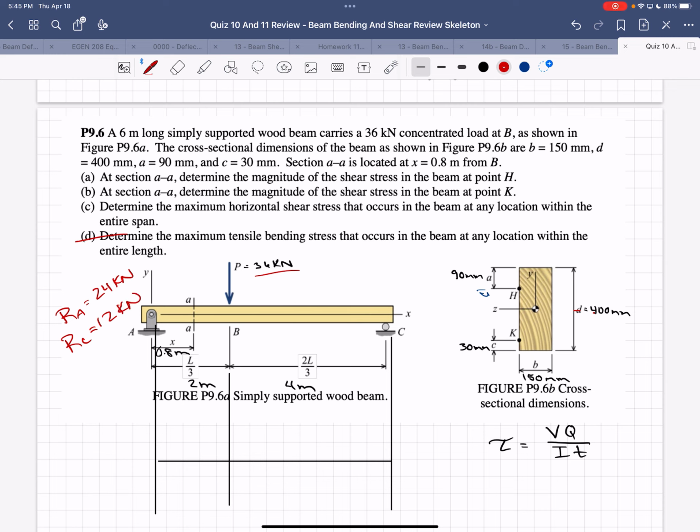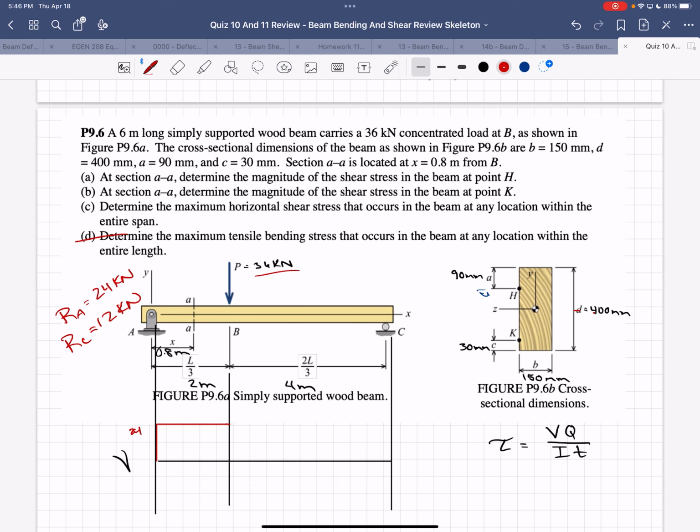Cool. All right. So, shear diagram. How does it start? Goes up to 24. Nice. Then it does nothing, right? To here.